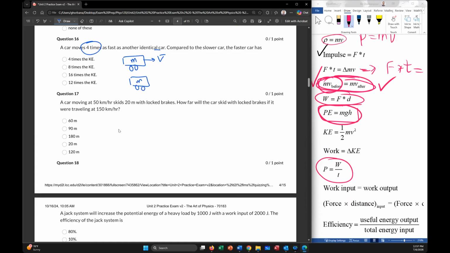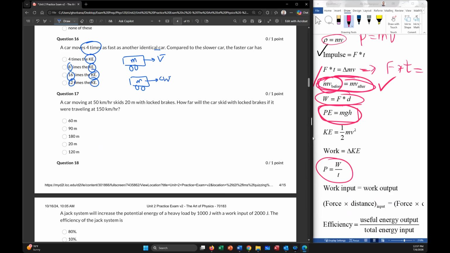But what is the velocity? 4 times bigger. Compared to the slower car, does the faster car have 4 times kinetic energy, 8 times, 16 times, or 12 times kinetic energy?